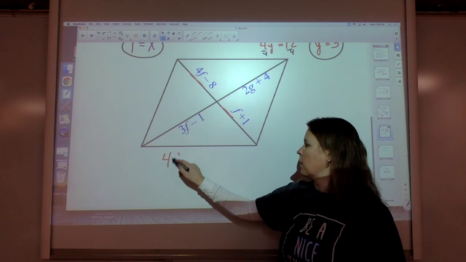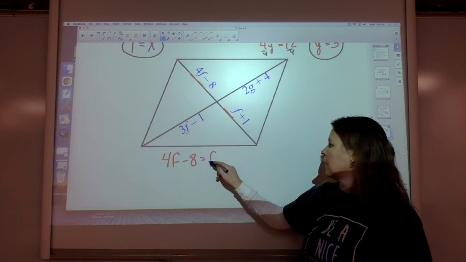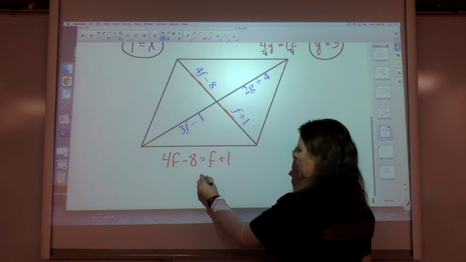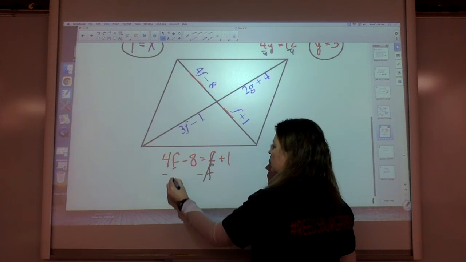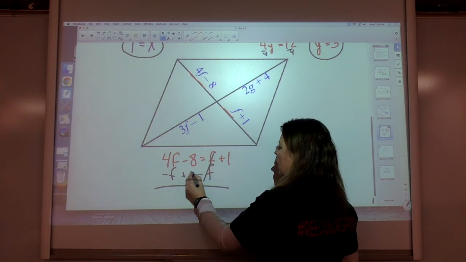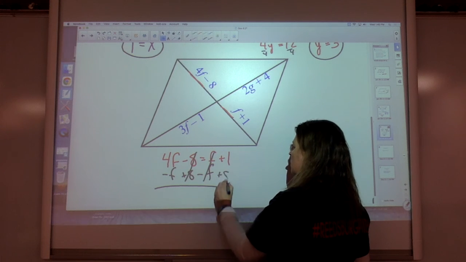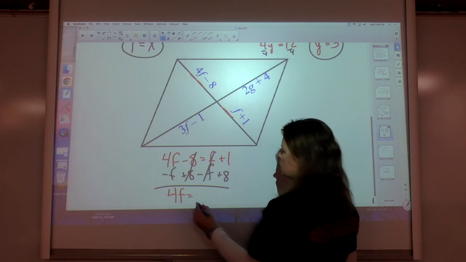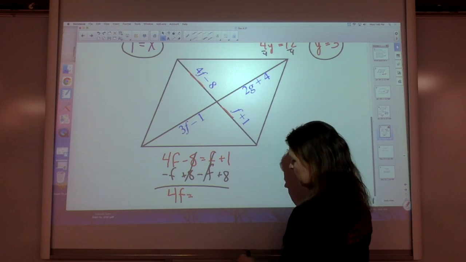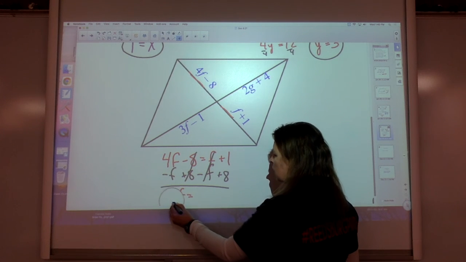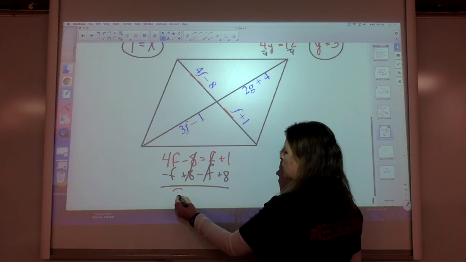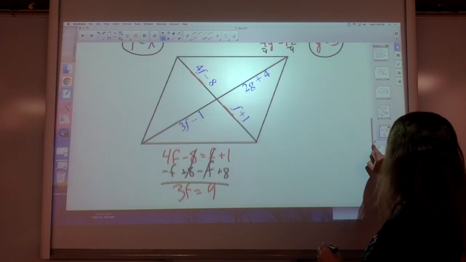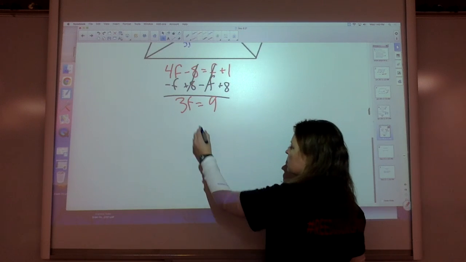So how about if I do 4f minus 8 equals f plus 1? We'll solve that by subtracting f from both sides. We can also add 8 to both sides, which gives us 4f equals, nope, how about 3f? Gotta be able to subtract. 3f equals 9, and if you divide 9 by 3, you end up with f equals 3.